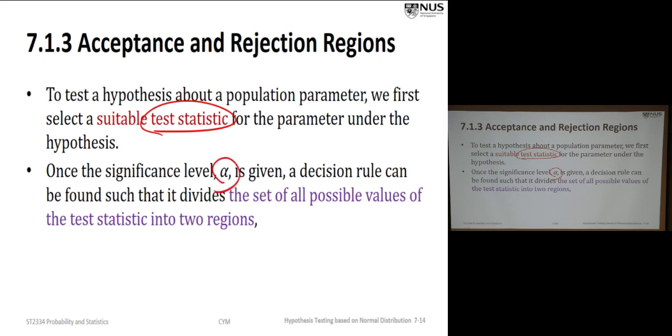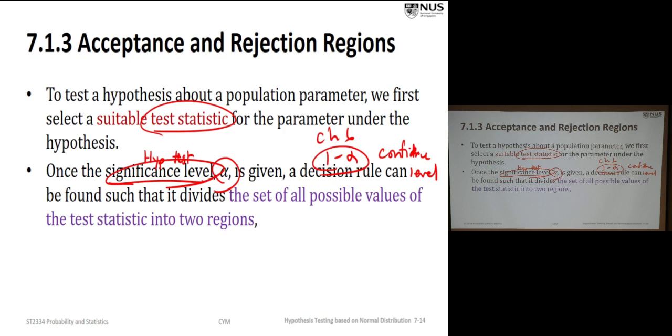In chapter 6, we had 1 minus alpha. What do we call this 1 minus alpha in chapter 6? It is the level of confidence, right?